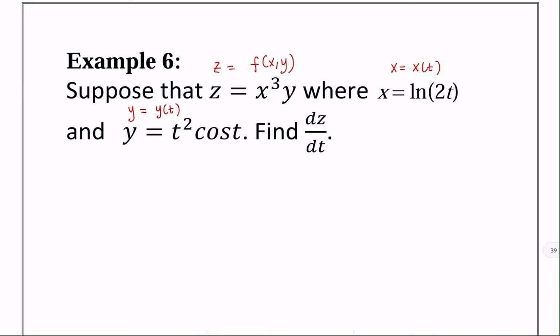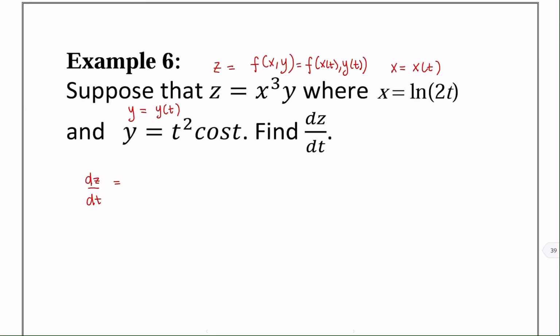Therefore, basically z is f, x in terms of t, and y also in terms of t. Therefore we can find dz dt.